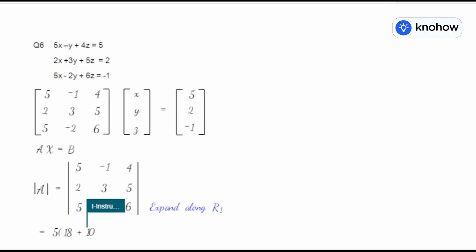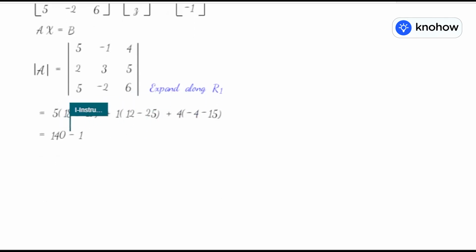Minus 1 times, delete the row and column through minus 1, you get 12 minus 25, and plus 4 times, delete the row and column through 4, you get minus 4 minus 15. So work it out, you get 140 minus 13 minus 76, that is 140 minus 89, that is 51, not equal to 0.